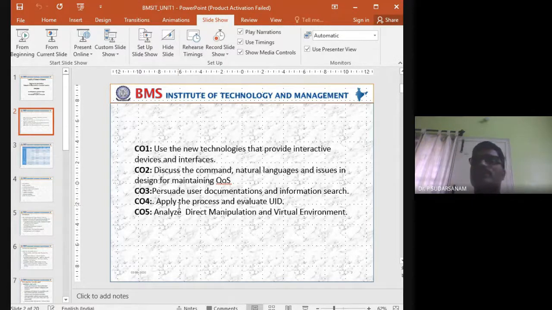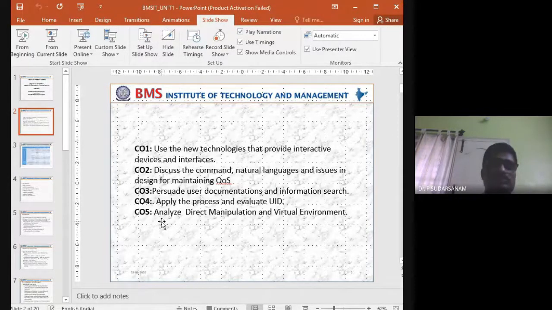Suppose they give any new problems, we can write the algorithm. So here also the same thing. You can apply the above process and evaluate the user interface design. That means the fourth and fifth course outcomes are based on assignments and another one called innovative and case study questions. So these two will be covering these.